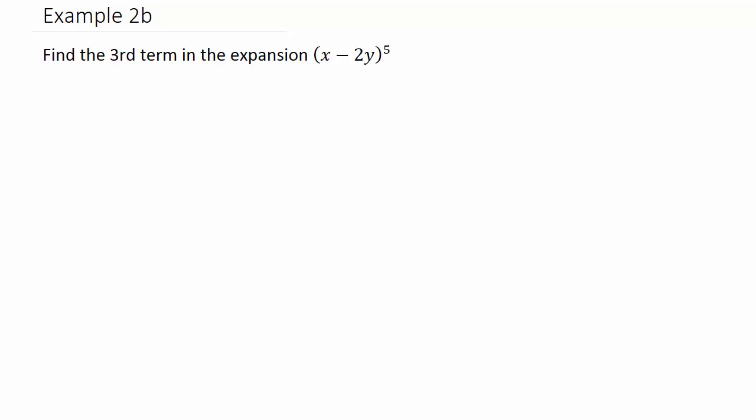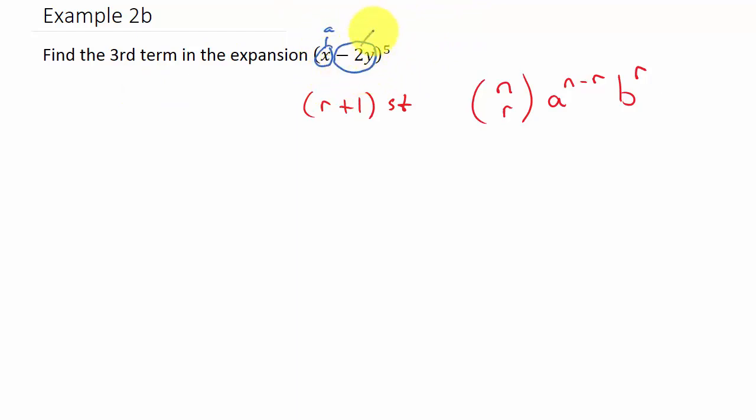Alright, so remember, to find the r plus first term, that term is n choose r, a to the n minus r, times b to the r. I just went over that with the formula. This is a. This would be b.